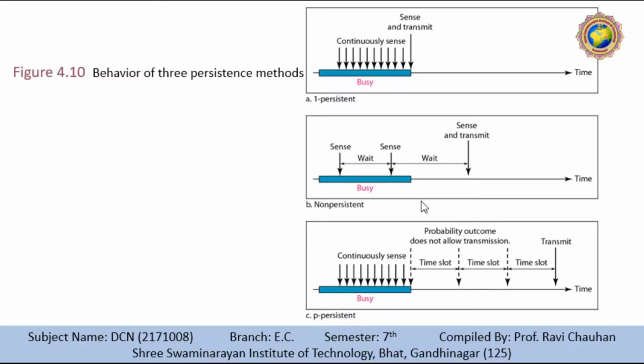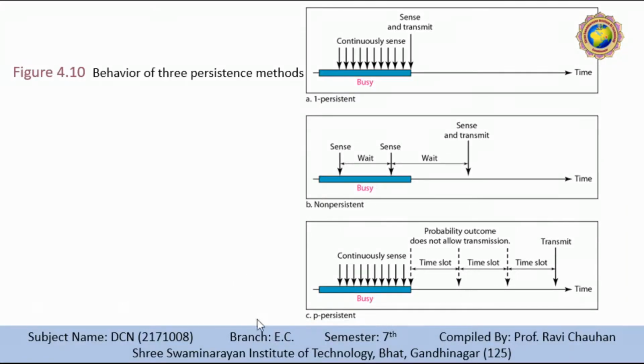The non-persistent approach reduces the chance of collision, because it is unlikely that two or more stations will wait the same amount of time and retry to send simultaneously. However, this method reduces the efficiency of the network, because the medium remains idle when there may be stations with frames to be sent.